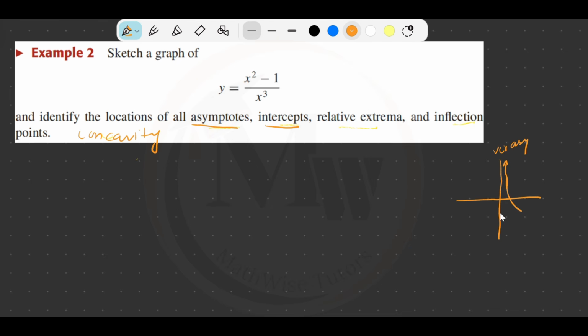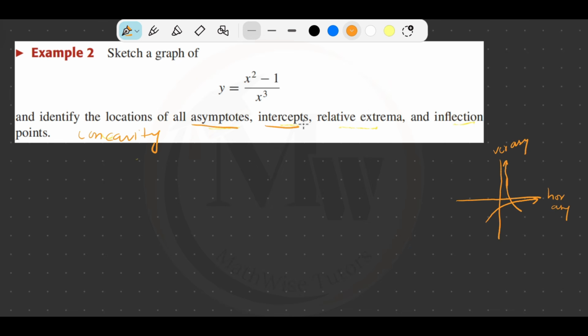And similarly, if any graph keeps going along the x-axis, this horizontal line is called the horizontal asymptote. It means we have to find the vertical asymptote and the horizontal asymptote. It does not mean that all functions have both asymptotes. Some functions have only a horizontal asymptote, some only have a vertical asymptote. So we need to check this.